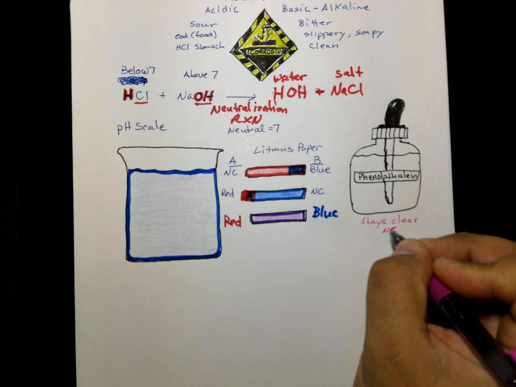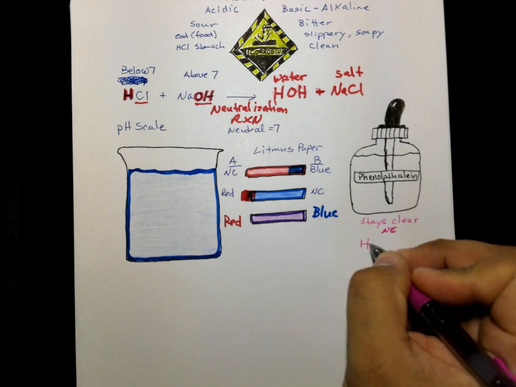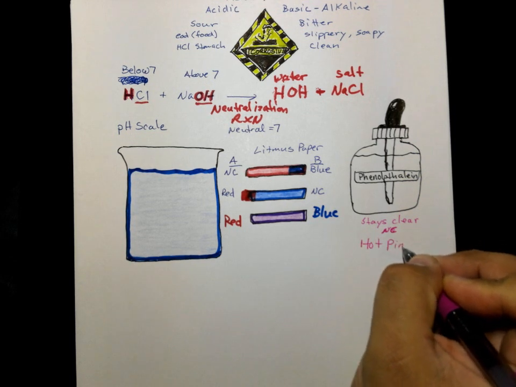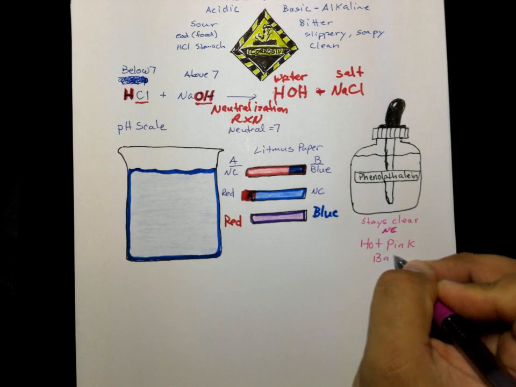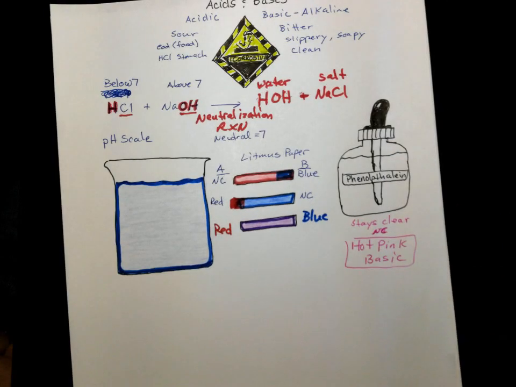But if the solution turns hot pink, that means it's basic. So if you put a couple drops in this and the whole solution turned hot pink, you're like, oh man, that's an alkaline solution. That's a basic solution.